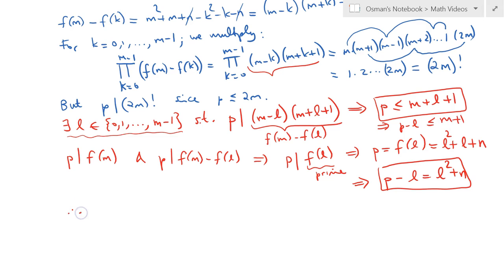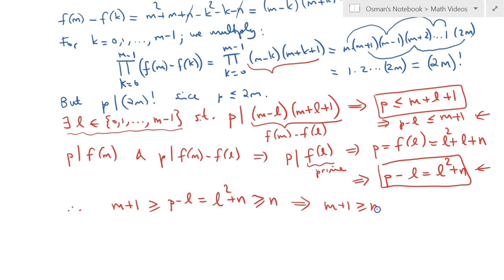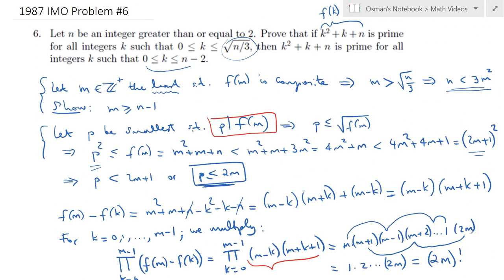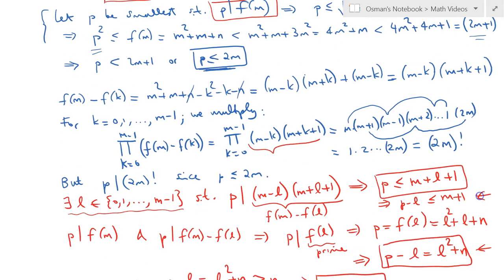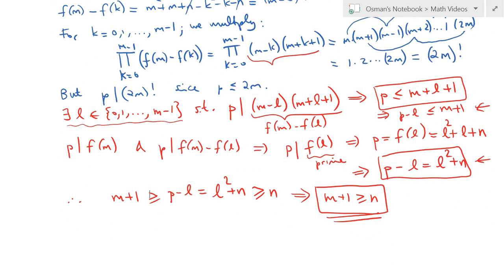So m plus 1 is definitely greater than or equal to p minus L, which is equal to L squared plus n. But that thing is obviously greater than or equal to n itself, suggesting that m plus 1 is greater than or equal to n, which is exactly what we wanted to show to begin with. Remember, that was the main statement that we wanted to prove, that m must be greater than or equal to n minus 1, and we're done.